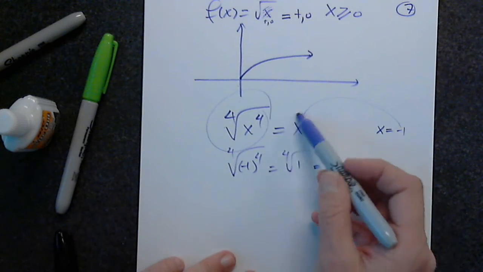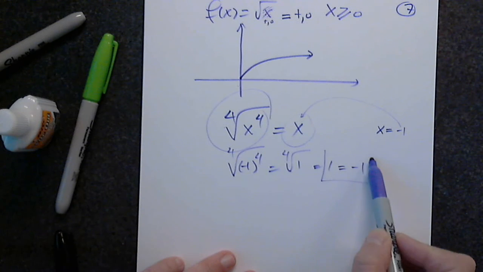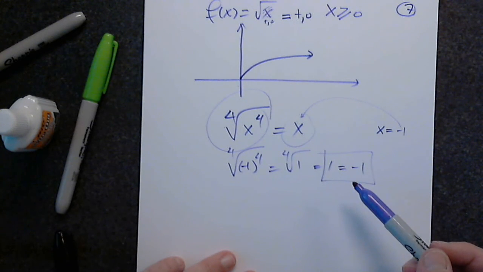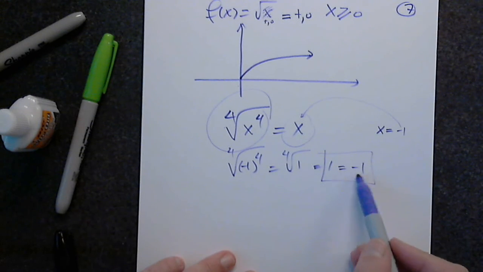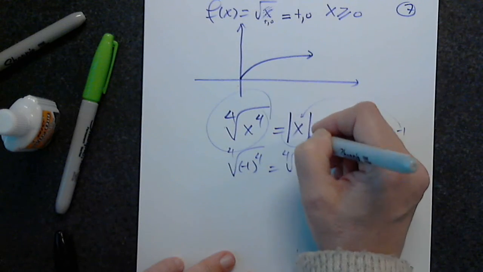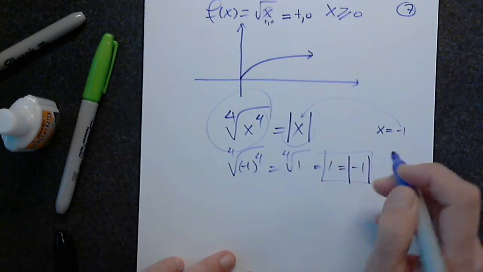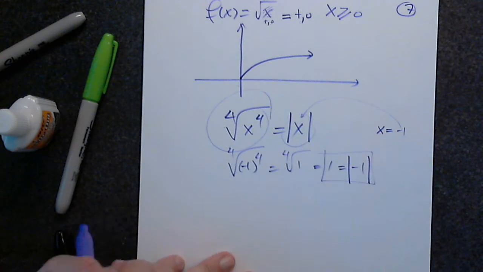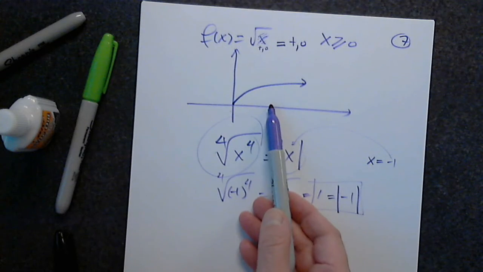This piece is 1, and this piece is -1. So I'm telling you, if I owe you $1 or you owe me $1, it's the same thing. It's not, right? +1 and -1 is not the same. So that's why we need to put the absolute value here. And now this is true. The left-hand side is positive, the right-hand side is positive, no matter what.